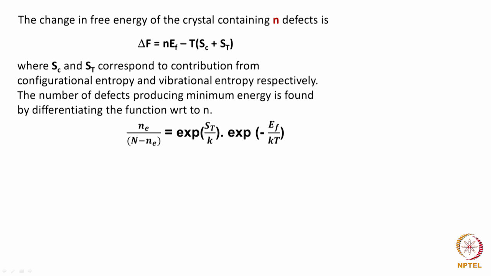If we differentiate it and find the ratio of vacancy concentration to the number of atoms in the lattice, we will find that it's related to the energy of formation in an exponential term, and another exponential term, ST by K, comes into the picture.